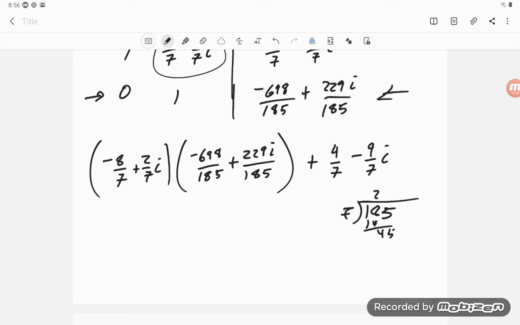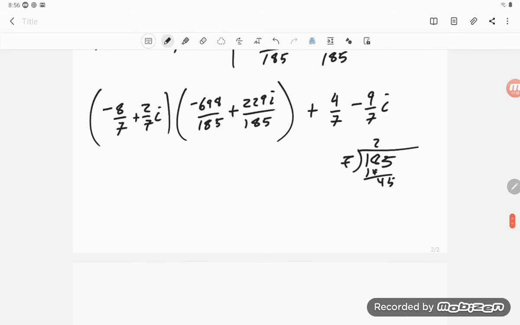So, okay. I need to multiply the 185 by 7 and the 7s by 185, I guess. Ooh, yuck. So, is this really true? Can I reduce, before this gets out of hand? I guess I can't reduce the 698 over 185. Wow, this is just starting to get really ugly.